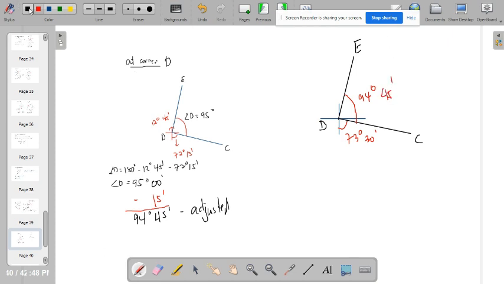Now we are going to find out what this is. No, ano to? This is theta DE. Now theta DE is equal to 180 degrees less 73 degrees 30 minutes and less 94 degrees 45 minutes.